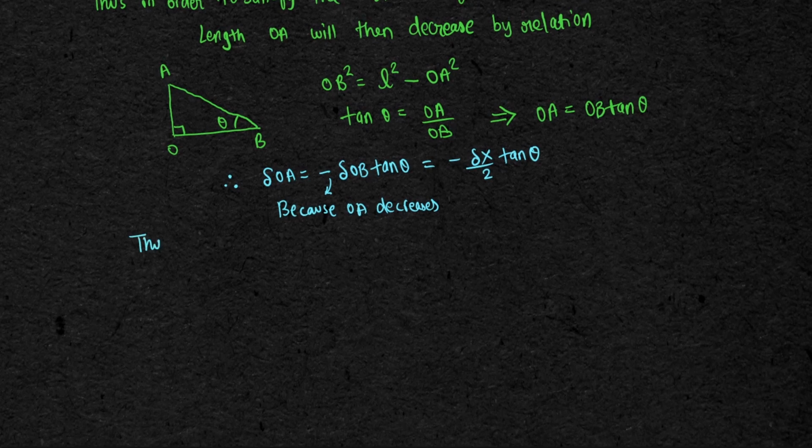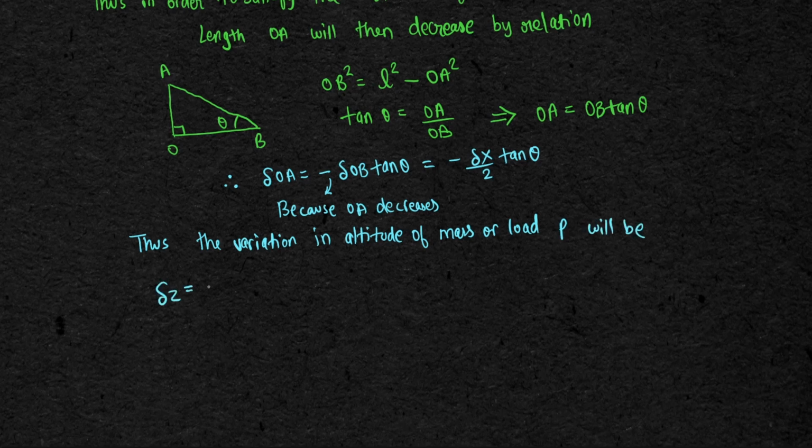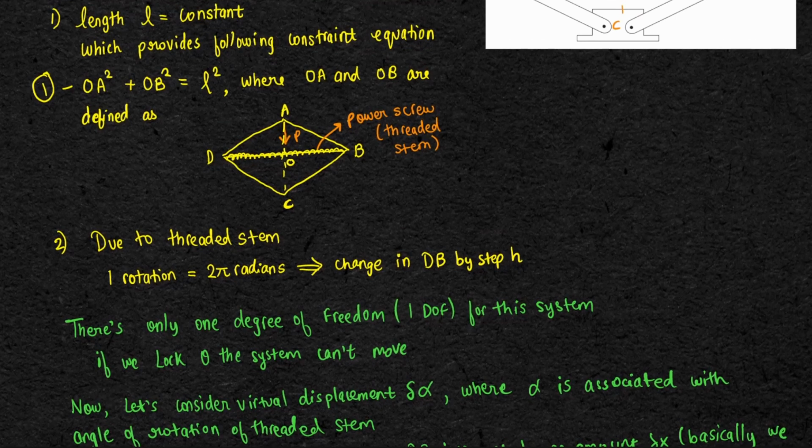Thus, the variation in altitude of load P, as we can see in the figure, will be given by the following equation. Del z equals del AC, which equals 2 del OA, which then equals h del alpha tan theta over 2 pi.